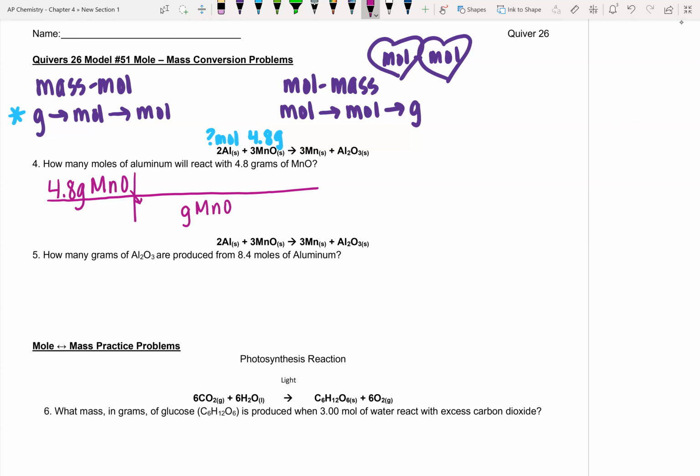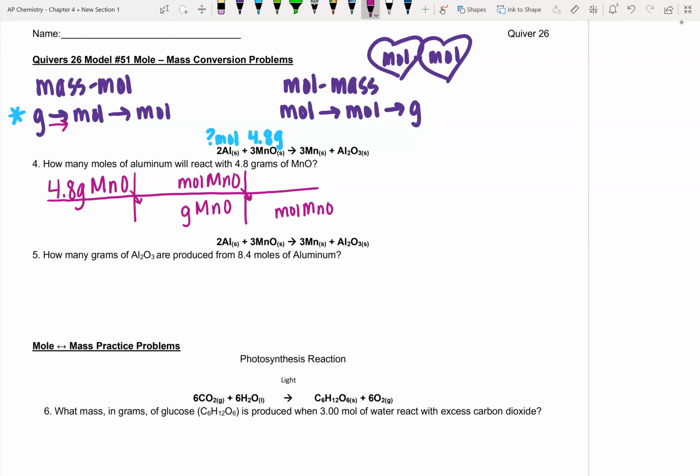And the next step is I'm going to go from grams to moles. So moles of manganese II oxide is going to go into the numerator. I'll put the numbers in here in just a minute, but the next step, I'm going to drag my units down, moles of manganese II oxide in the denominator.